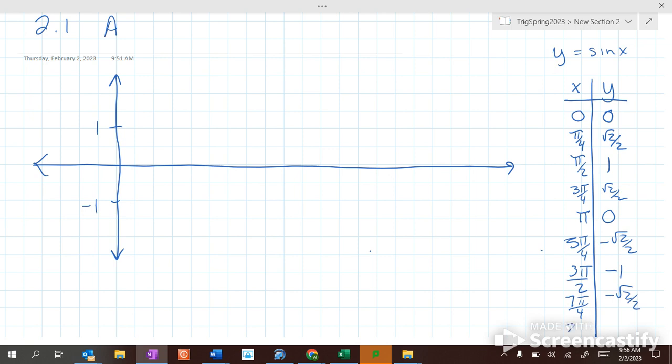And finally, 2 pi radians. It's at 0 radians. 2 pi and 0 because it's one time around. Okay, so we just made one loop all the way around the unit circle.